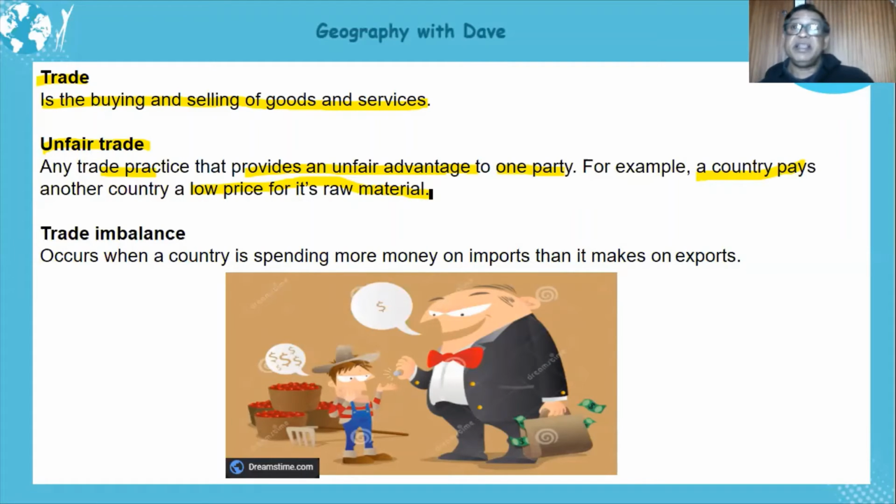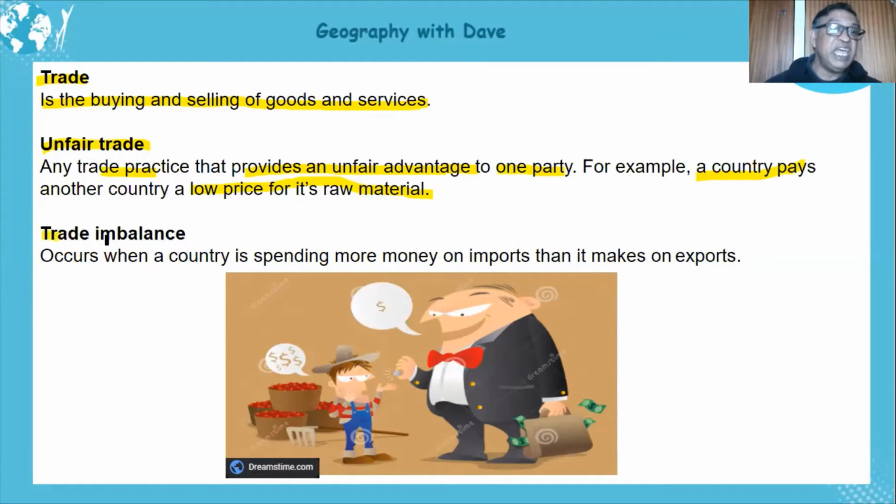And the LEDC says, but you know what? And the MEDC says, take it or leave it. Because they come from a position of advantage, and the LEDC needs the money. Can you see? This is unfair trade. The correct prices are not given, but cheaper prices are offered, and out of desperation, people take it.